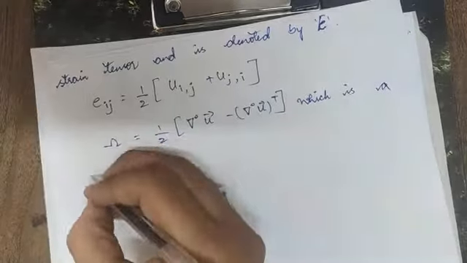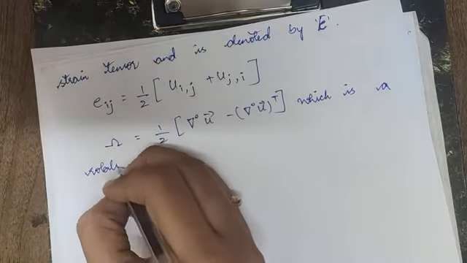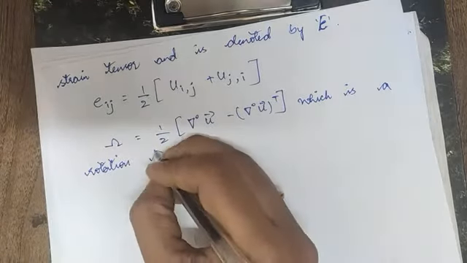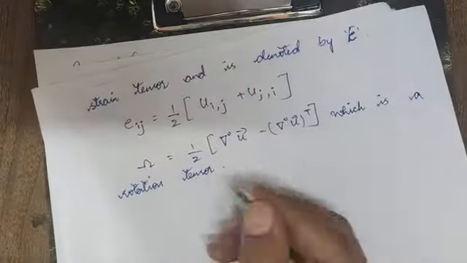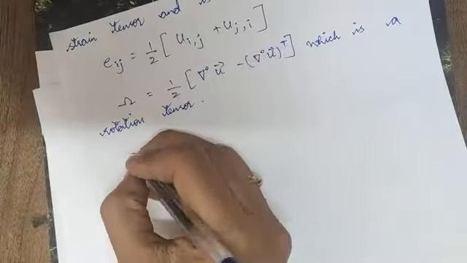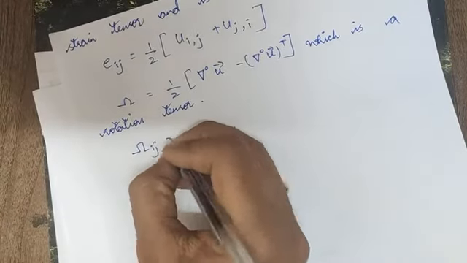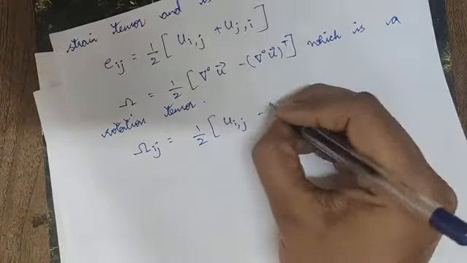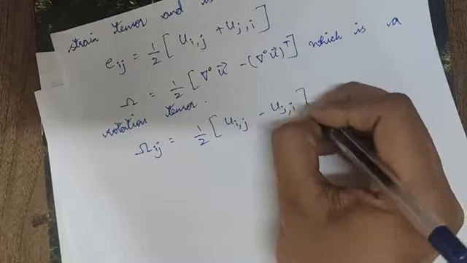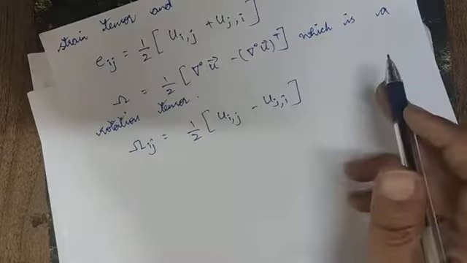So if you want to write this in suffix notation, what you will get? Omega ij is equal to half into Ui,j minus Uj,i. This is a rotation tensor.